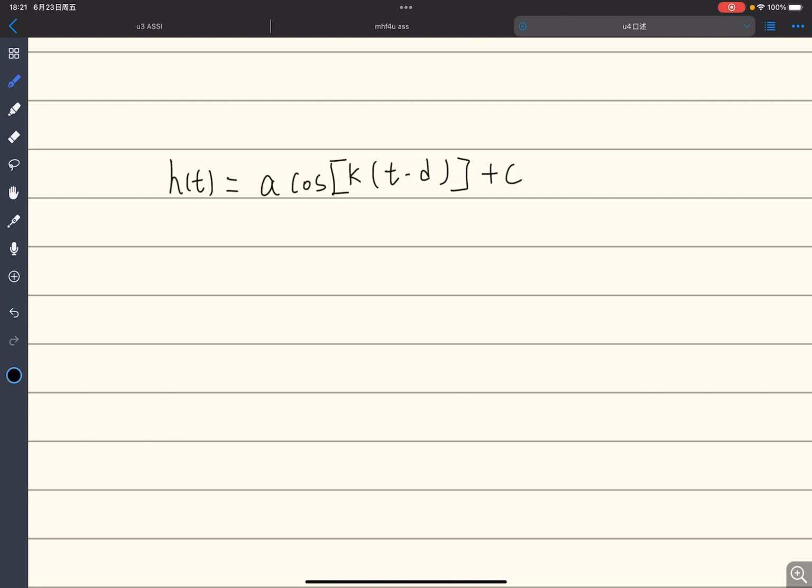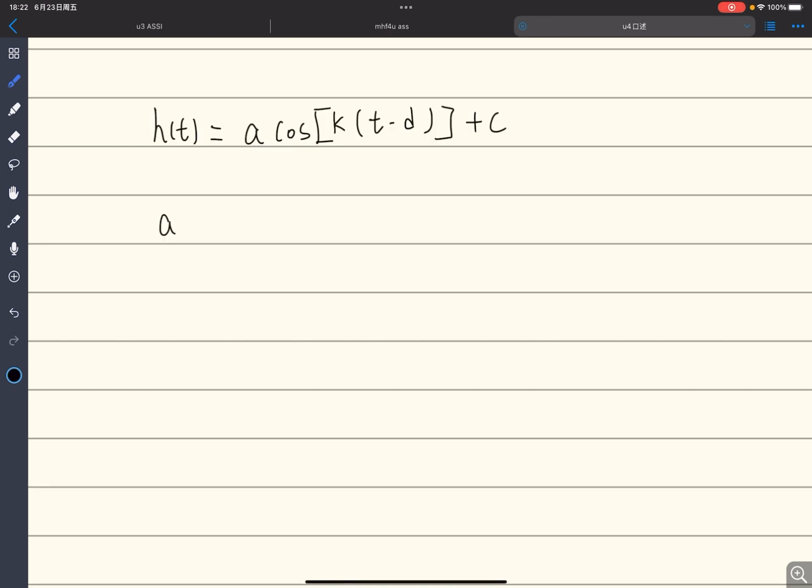Now let's calculate each part of this equation. First is the amplitude. It is the maximum minus the minimum, then divided by 2, which is 5 meters. Then it is the frequency.